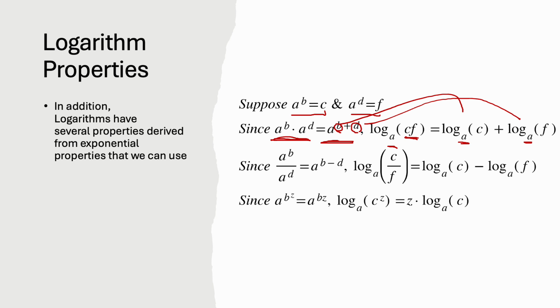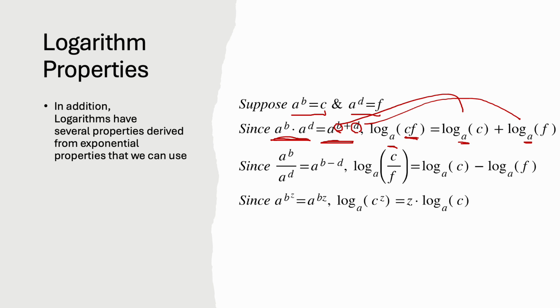And that's going to be relatively similar. If we recall, if I have two exponents with the same base and I divide them, so a to the b over a to the d, it's the same thing as subtracting their exponents. And so that's going to be the same thing in log. If we have some log of a quotient, so c over f, it's going to be the same thing as if we split those two logs up and subtract them.